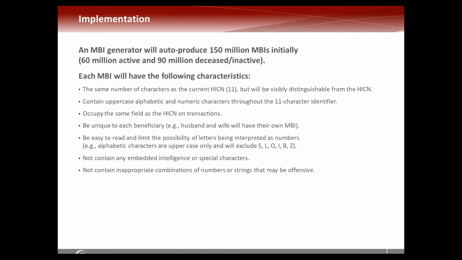Now, the MBI will not contain any embedded intelligence or special characters. In other words, the MBI can't be reverse engineered to tell you something about the beneficiary. They're uniquely assigned and can't be broken down into component parts. And lastly, the MBI will not contain any inappropriate combinations of numbers or strings that may be offensive.